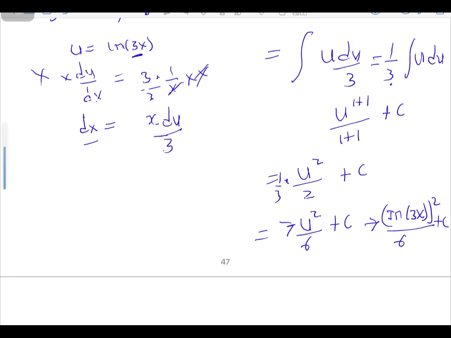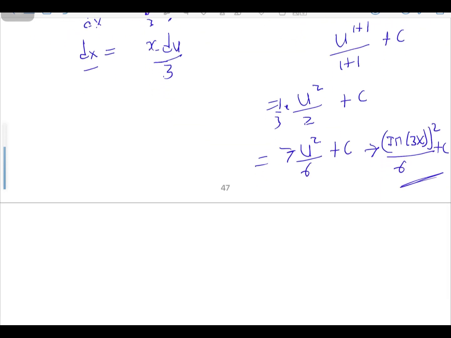So now, if you want, you can check it by differentiation. When you differentiate this, you take the power, you multiply by the differential of whatever is inside, which is 2 times 3, because the differential of 3x is 3, right? Then you take the function itself, which is ln of 3x, and you subtract 1 from the power.